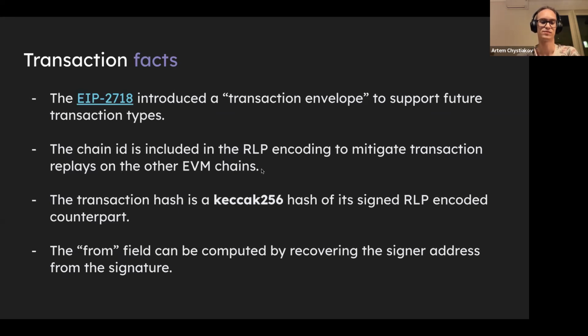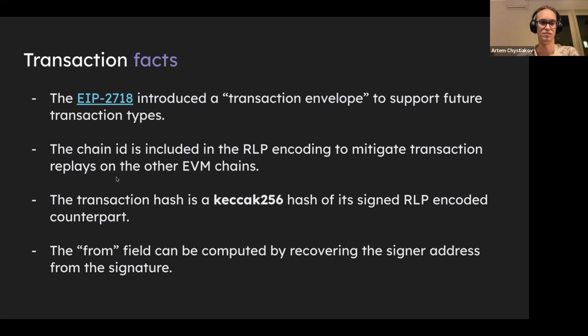When new blockchains emerged, like Binance Smart Chain, since all of them use the same Ethereum virtual machine, it was possible to replicate the exact transactions on the other chain.